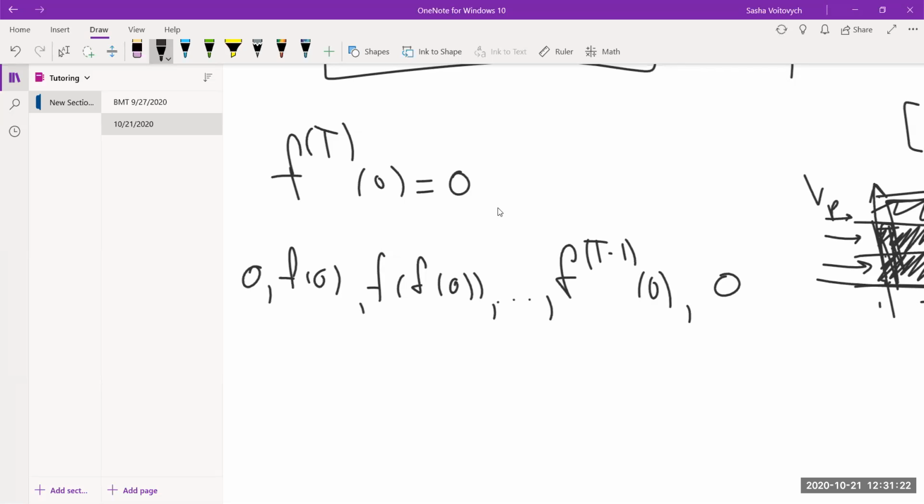Let's label all the terms in this sequence: x1, x2, x3, up to xt. First of all, they're distinct, because if one term was repeating, then the sequence would be periodic with a period that is less than t, but we assume that t is its minimum period. So they're all distinct. It's the first observation.